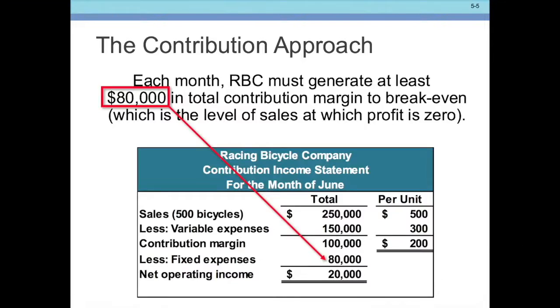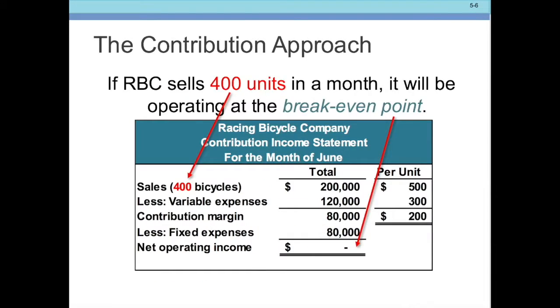So now that we have our contribution margin, we can look at an example of how much we have to sell to break even. We know our fixed expenses, shown here, are $80,000, and we need to figure out how many bicycles we need to break even. If we sell 400 bicycles, 80,000 divided by $200 is 400 bicycles.